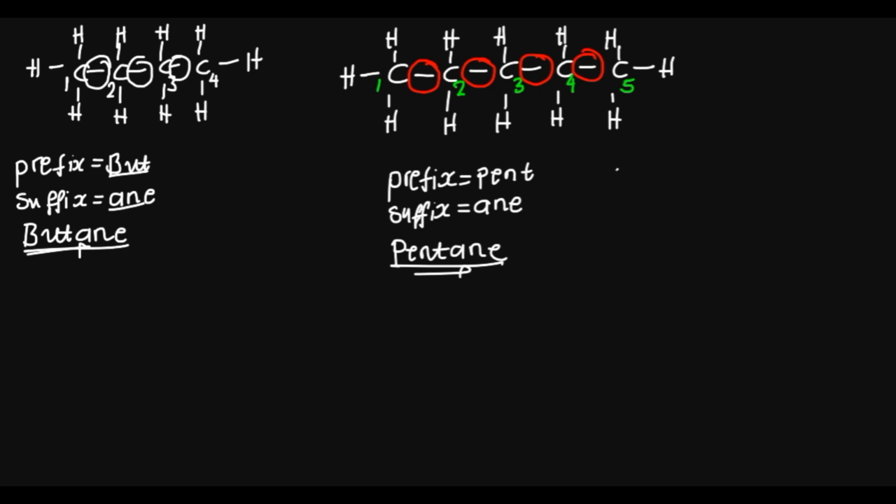Okay, now let's move on to isomers of alkanes. So what is an isomer? An isomer is just an organic compound with the same molecular formula but different structural formula. So what does this mean in terms of the structure?